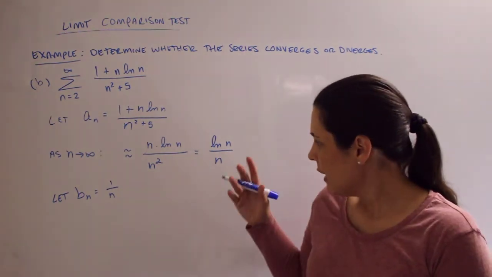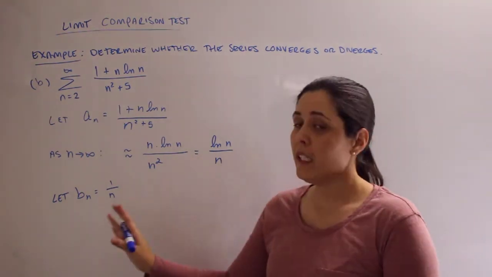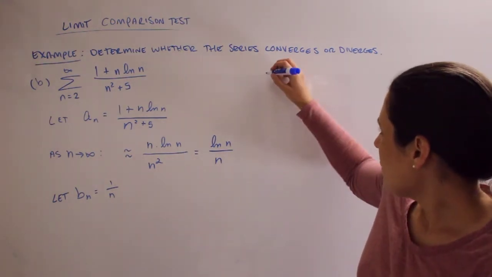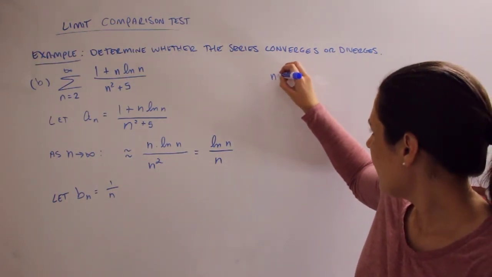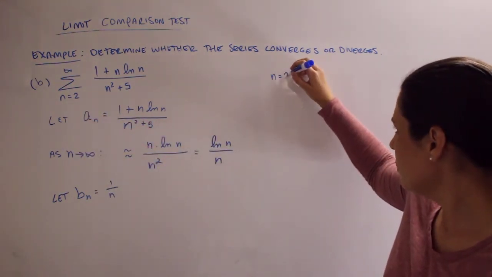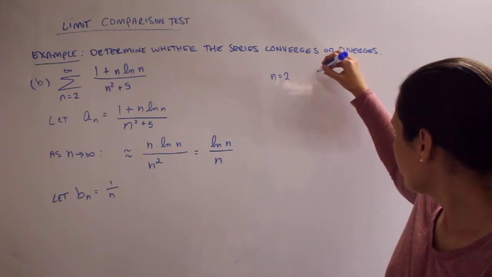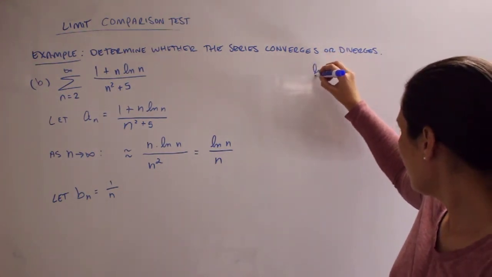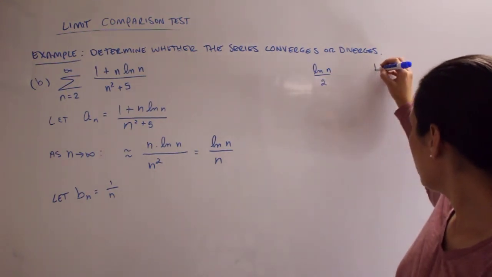Right now I don't know exactly how they relate, but let's identify a few values. Just some observation here. We're going to start at 2. Let me make a table: ln of n over n, and 1 over n.